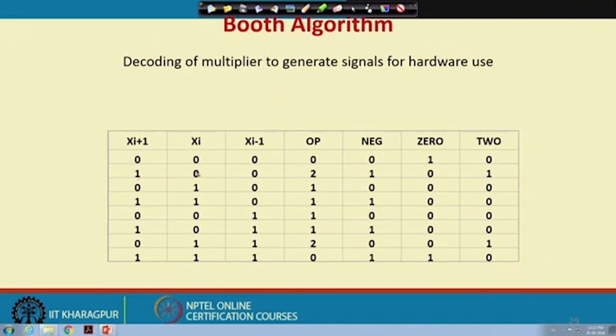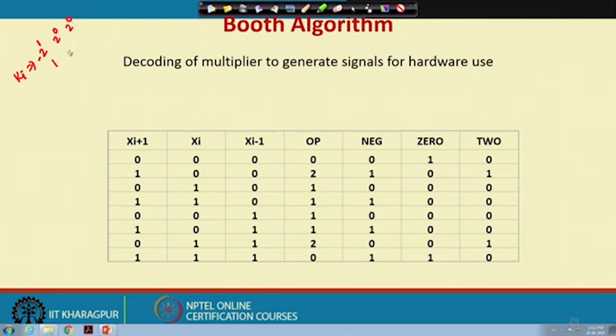If it is 1 0 0, then that will be 2 with negative, that means minus 2. Why? Because the recoding technique says the position weights are 2 to the power 1, then 2 to the power 0, then 2 to the power 0.